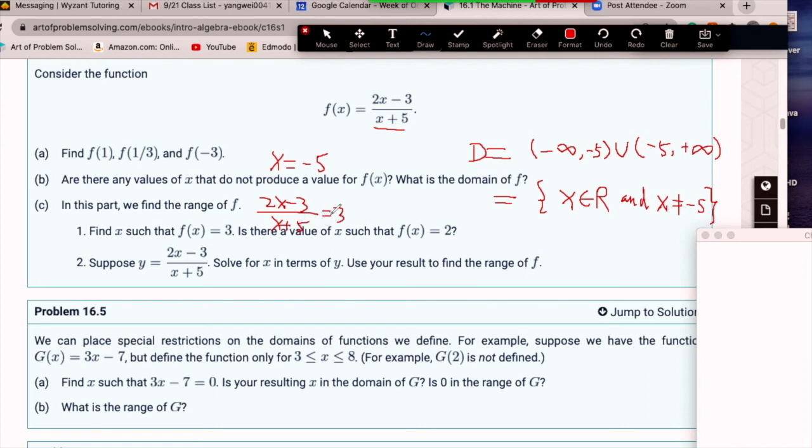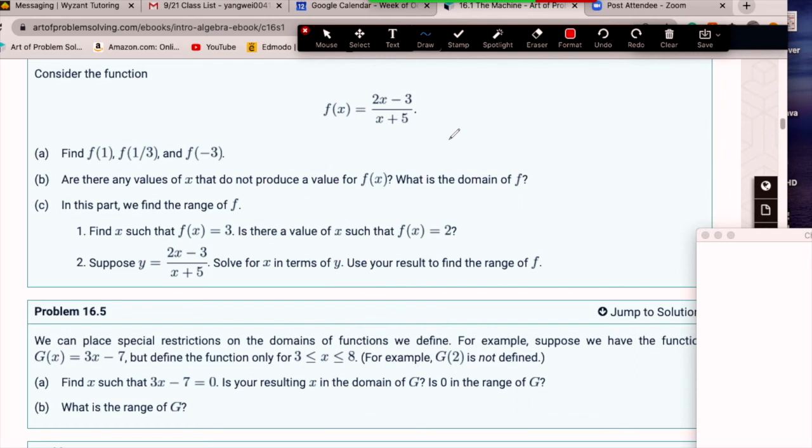Then both sides times x plus 5, you get 2x minus 3 equals 3x plus 15. Then both sides minus 2x, you get negative x minus 3 equals 15. So both sides plus 3, you get negative x equals 18. So that means x equals negative 18, right? You just solve this equation.